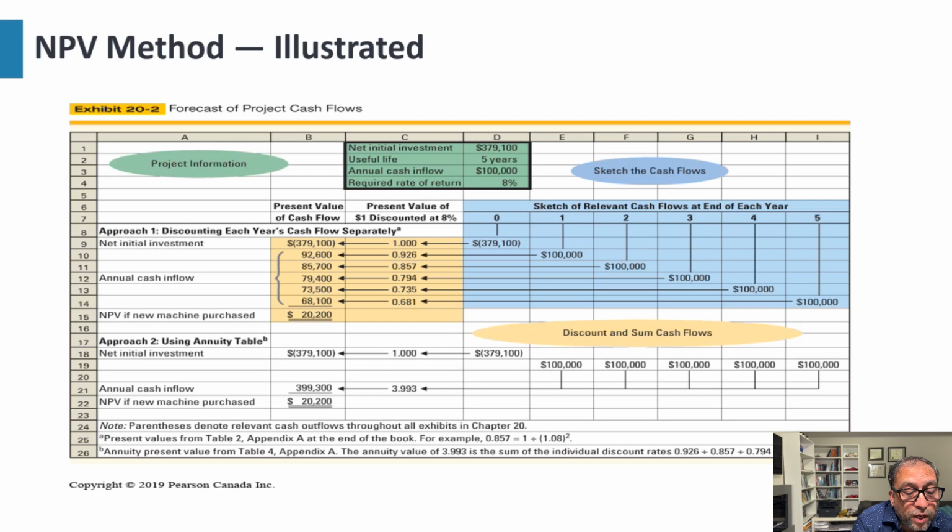So the NPV of the new machine purchase is positive. These are the values we can get from the table, or altogether for an 8% discount.